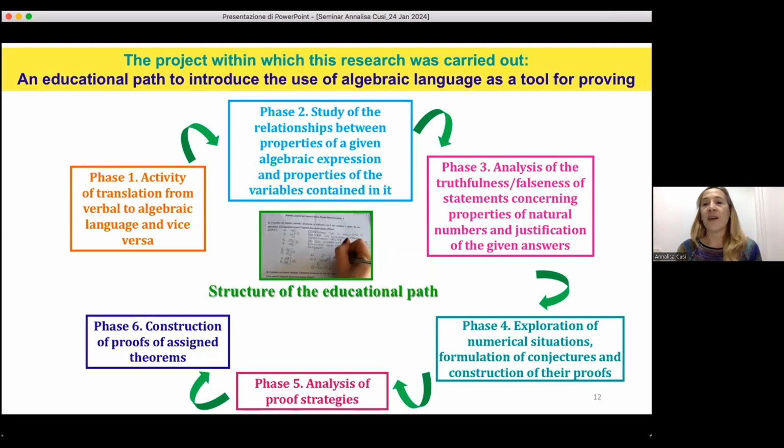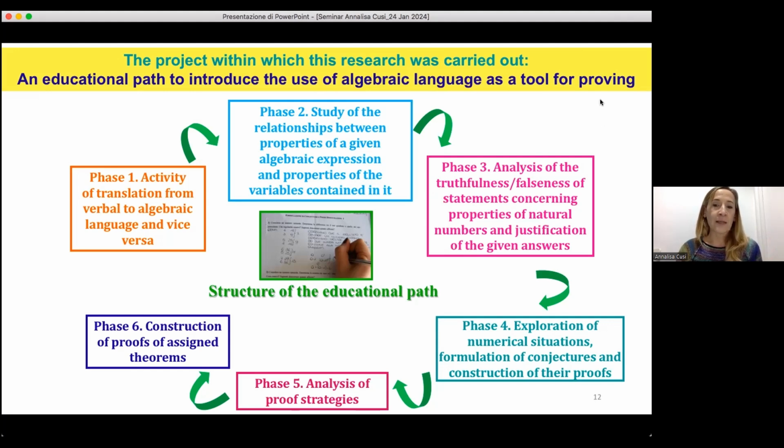It started with a phase characterized by activities of translation from verbal to algebraic language and vice versa. The second phase was focused on the interpretation of algebraic expressions and in particular on the study of relationships between the properties of a given algebraic expression and the properties of the variables within this expression.